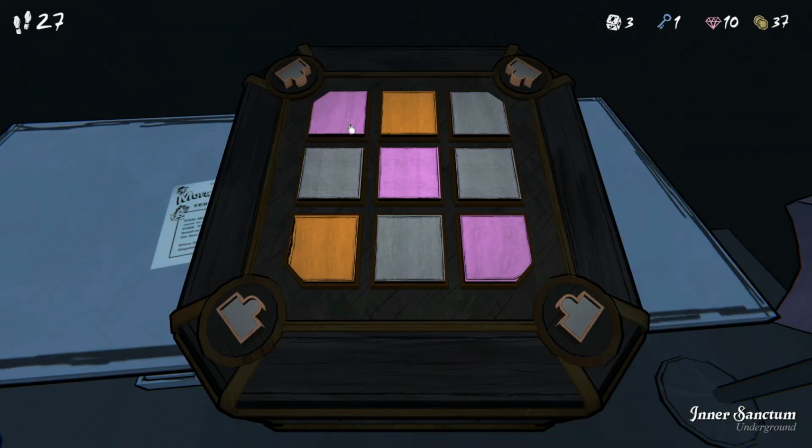Move. Yeah, I need to successfully border one completely again. There we go. Got that one, got that one. Okay, we have 5.